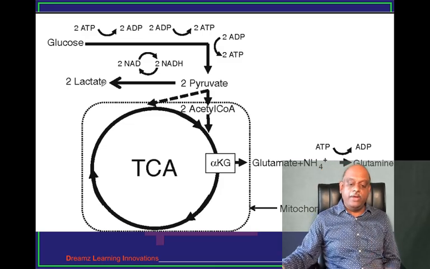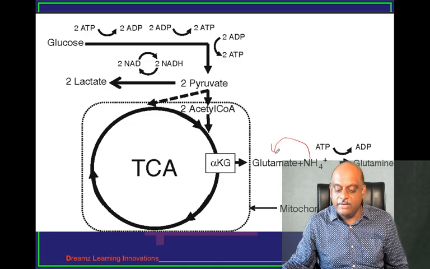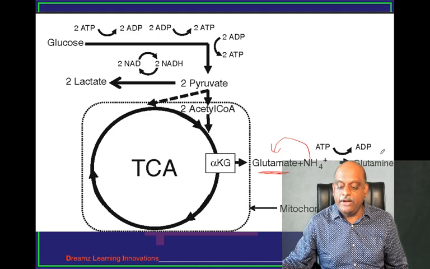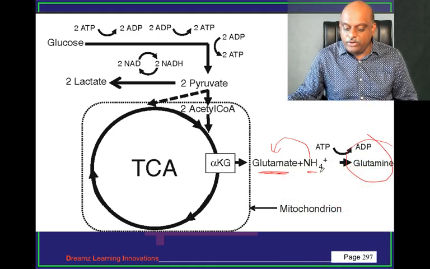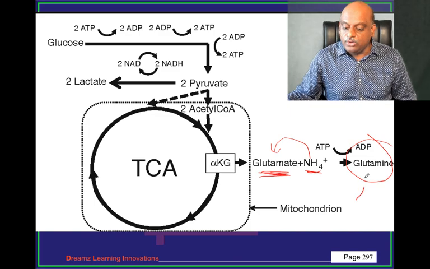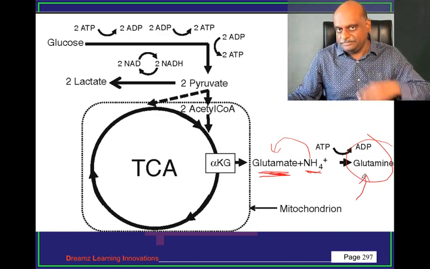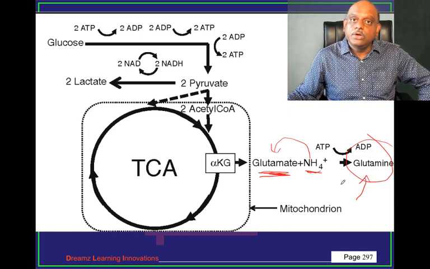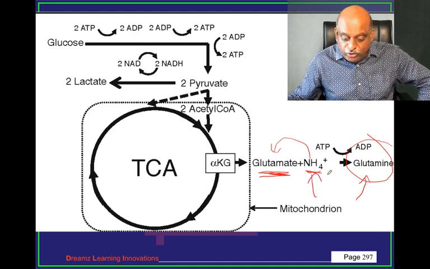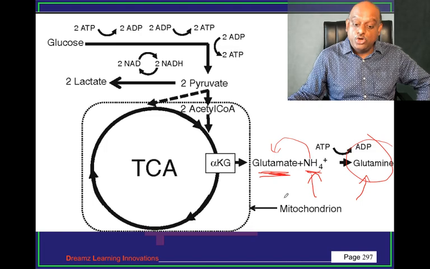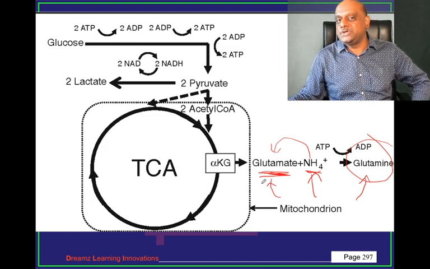Typically, ammonia in the brain combines with glutamate to form glutamine. So if a lot of ammonia is there, a lot of glutamate becomes consumed.